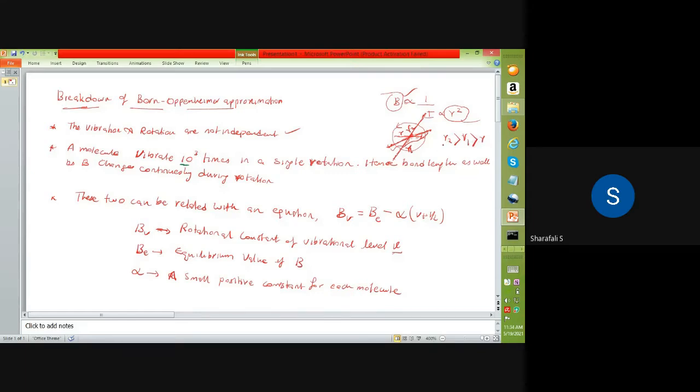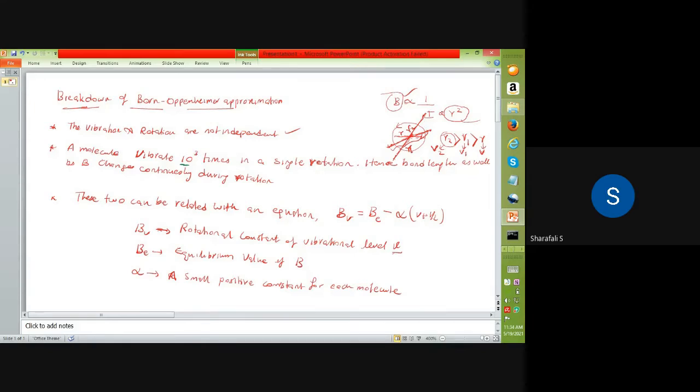So when you are considering R2, which will be associated with one particular vibrational level, let's say V2, and this R1 will be associated with V1, and this R will be associated with V. So for each of these bond lengths, we have a different vibrational energy level, because when your bond length is different, your vibration is different.